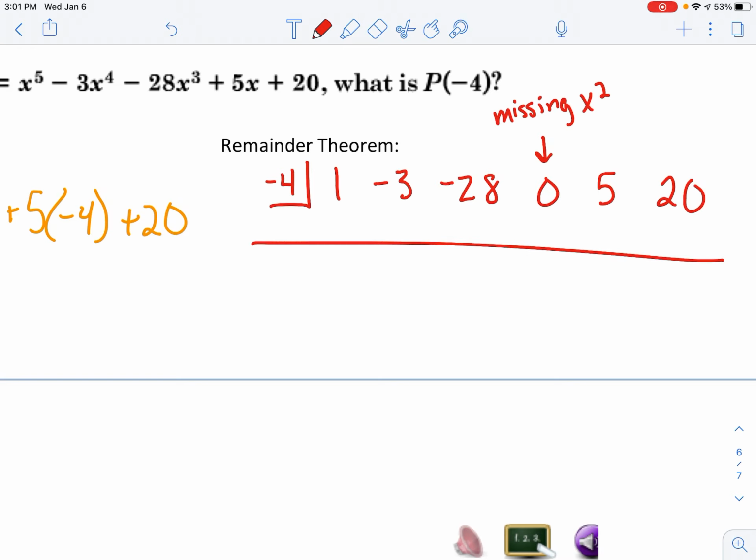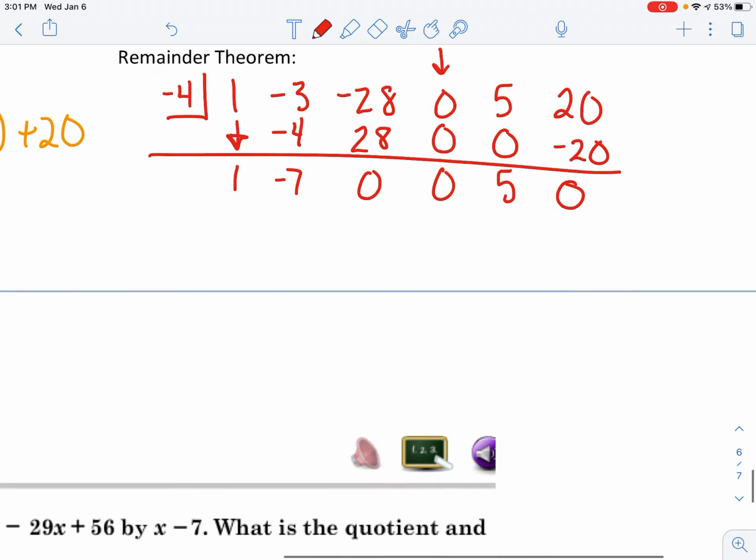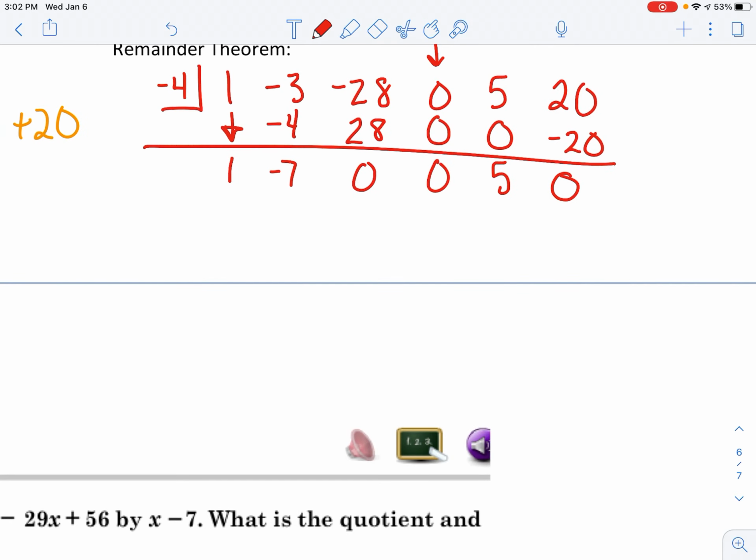So there you go. There's one benefit of doing the old school method. So drop down the 1, multiply with -4, add. Multiply with -4, add. Multiply with -4, add. Multiply with -4, add. Multiply with -4, add. So it's like, what in the world does this mean?